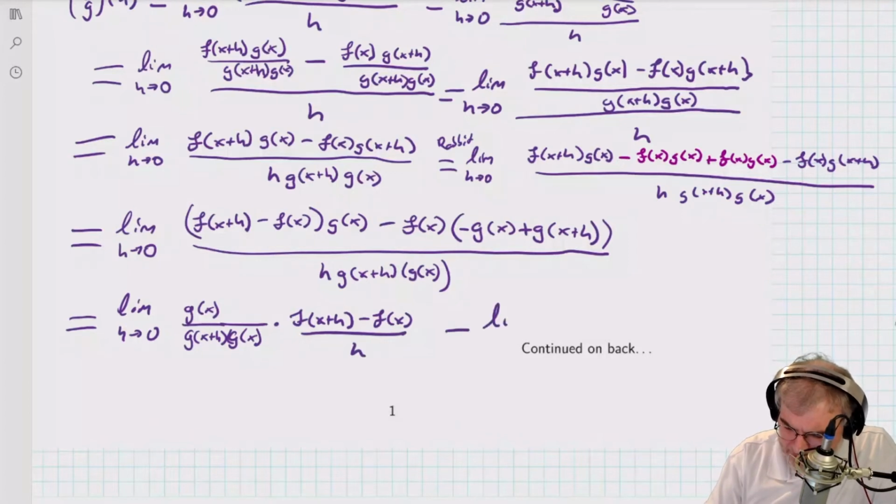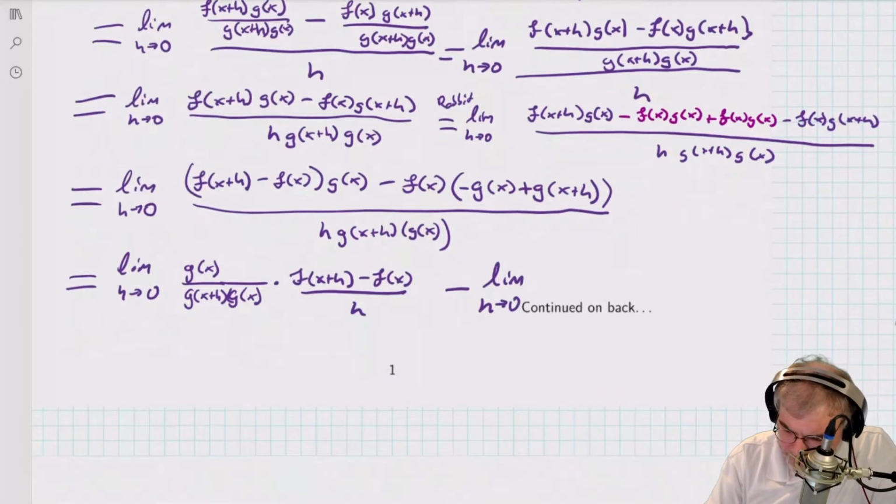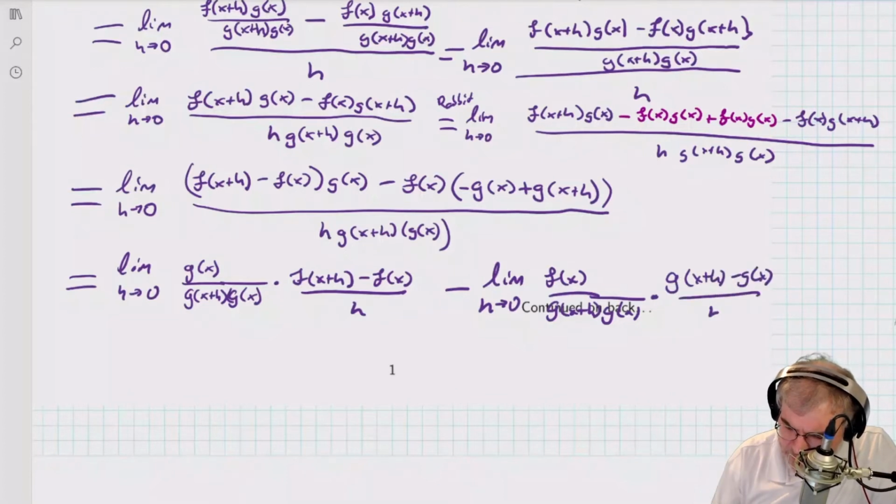Minus the limit as h goes to 0. These two terms flip when I do this. I mean, they'll flip when I do this. That happened when I did that. So now I'm going to have g of x plus h, g of x, times g of x plus h minus g of x all over h.